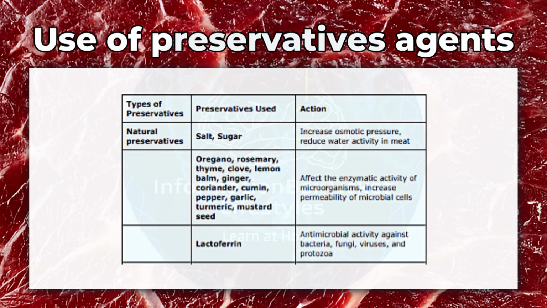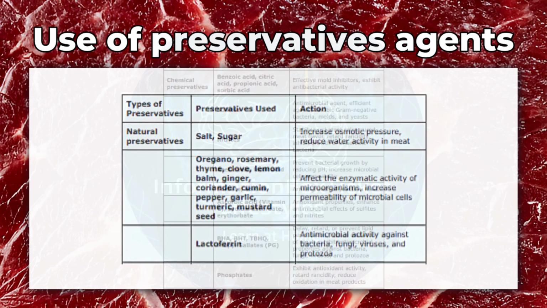Oregano, rosemary, thyme, clove, lemon balm, ginger, coriander, cumin, pepper, garlic, turmeric, mustard seed. These affect the enzymatic activity of microorganisms and increase the permeability of microbial cells. Lactoferrin exhibits antimicrobial activity against bacteria, fungi, viruses, and protozoa.